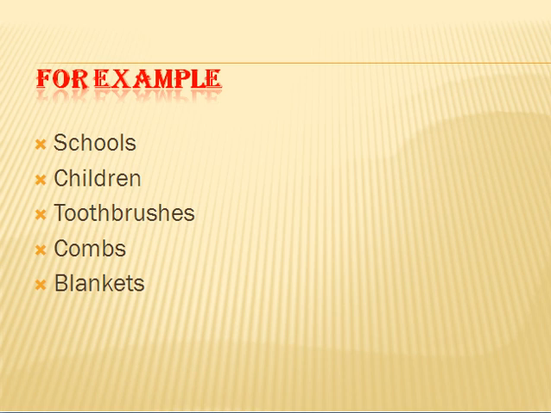Now here you can see that schools means so many schools. So here we are talking about more than one school. We have already discussed that anything that stands for more than one person, more than one animal, more than one thing is said to be the plural number. So here we can say that schools is a plural number.